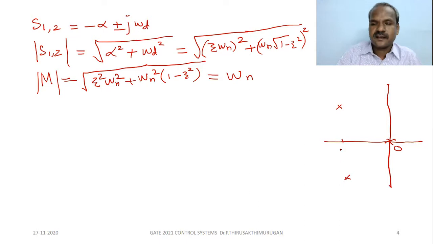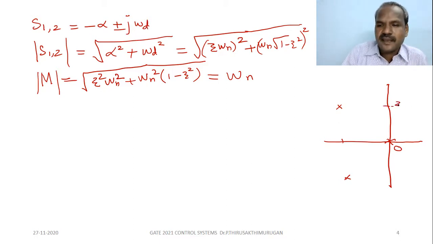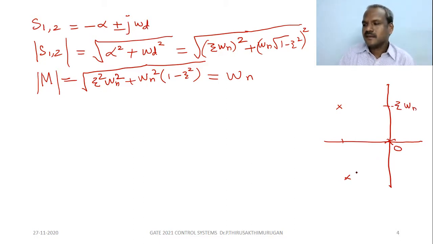So the two poles are complex. This pole's real value is minus zeta omega n.